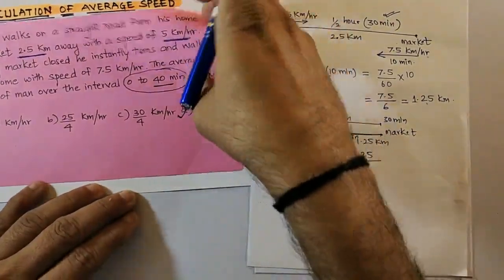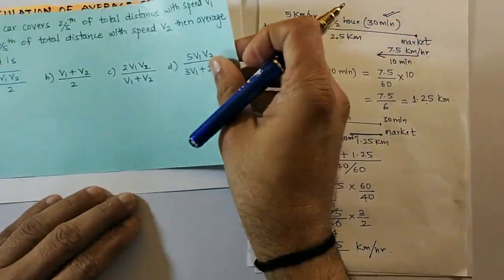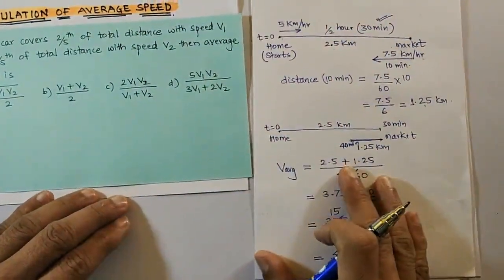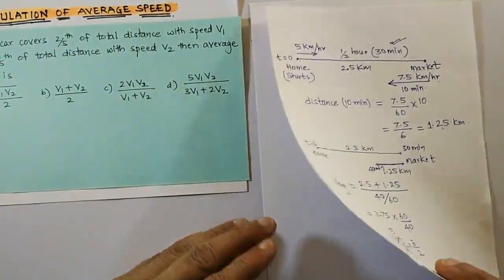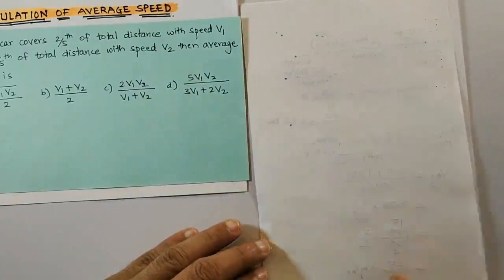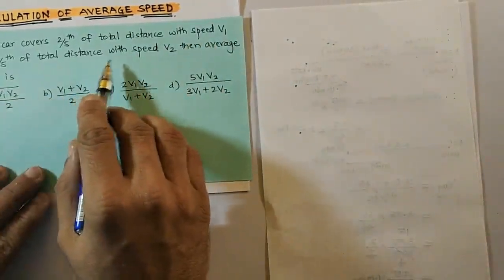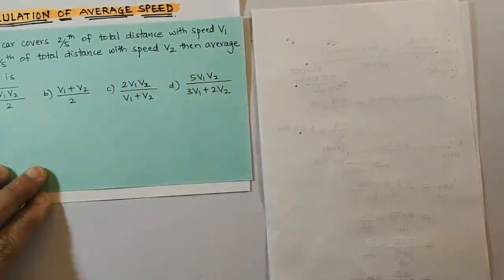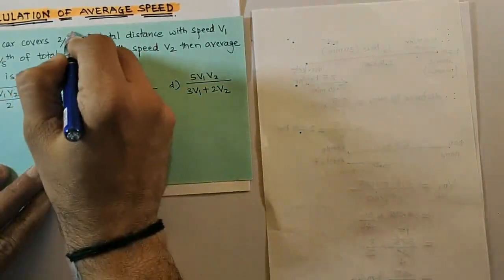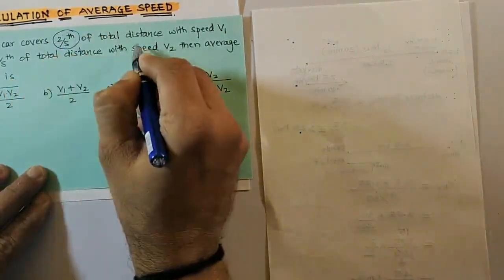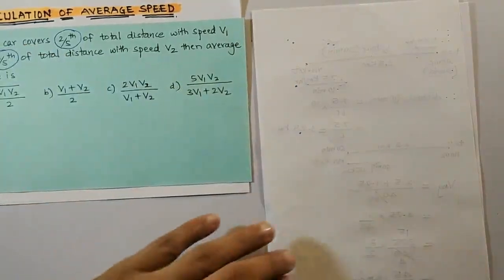Clear, students? So we will see another problem. Third, if I take, a car travels 2/5 of the total distance with speed v1 and 3/5 of the total distance with speed v2. Then average speed is, so 2/5 of total distance, and second he says 3/5 of total distance.